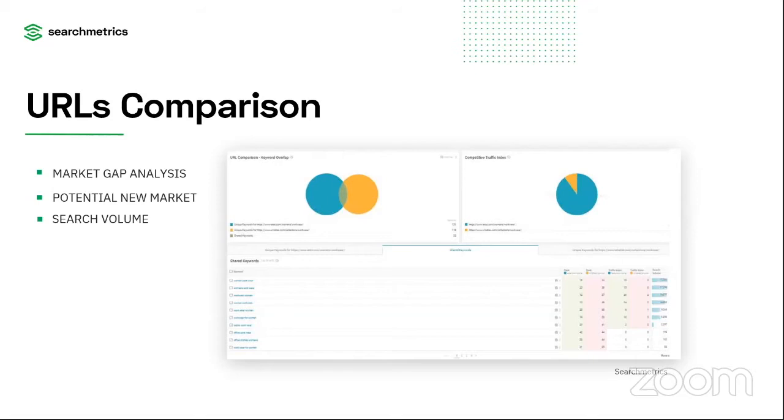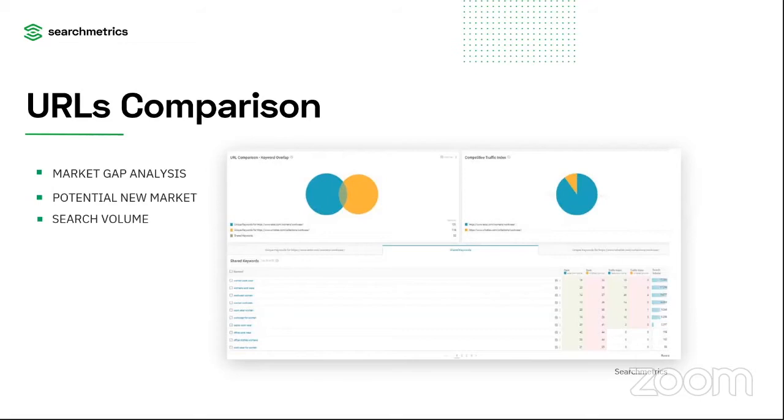For example, here we are on dresses, so you look at what keywords your competitors are using and compare them with the keywords that you are using, so you can see where there is a gap. The benefit is that you will be able to compare URL to URL instead of just comparing the whole domain.